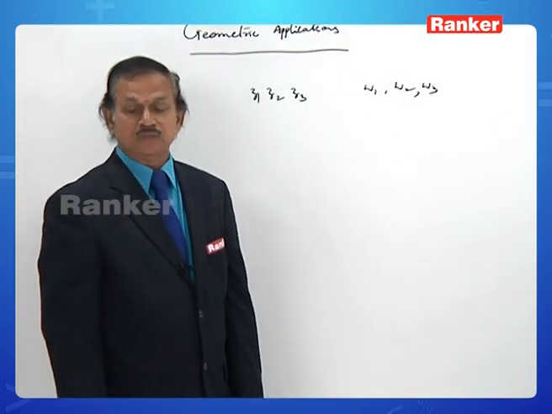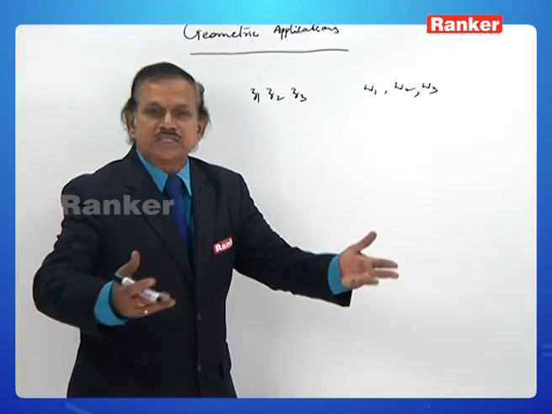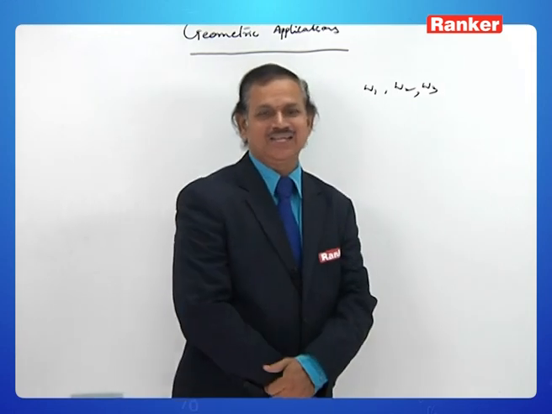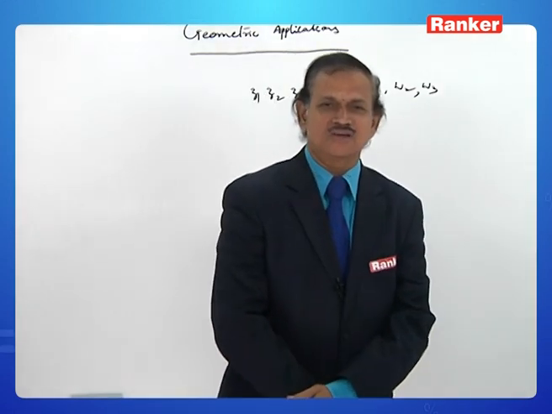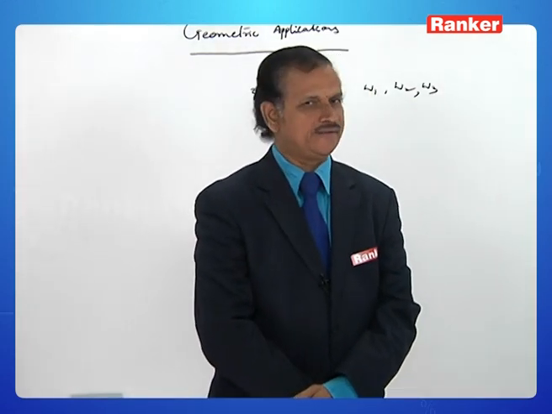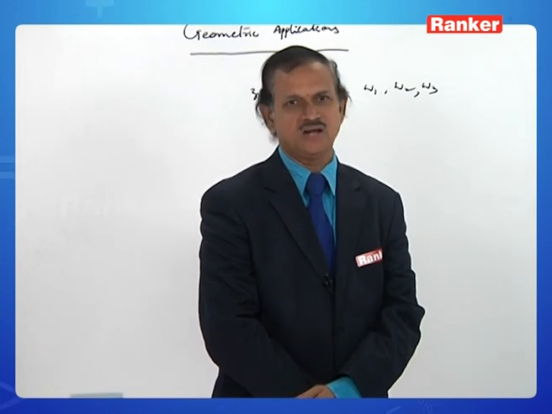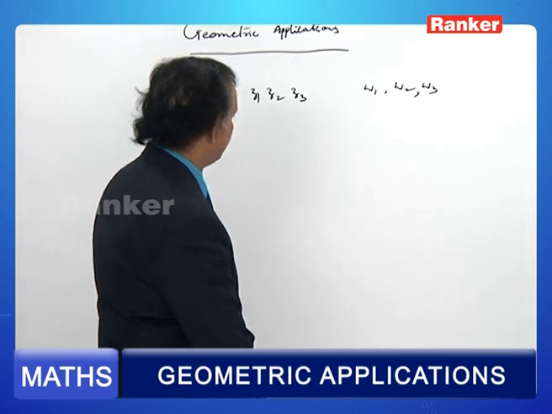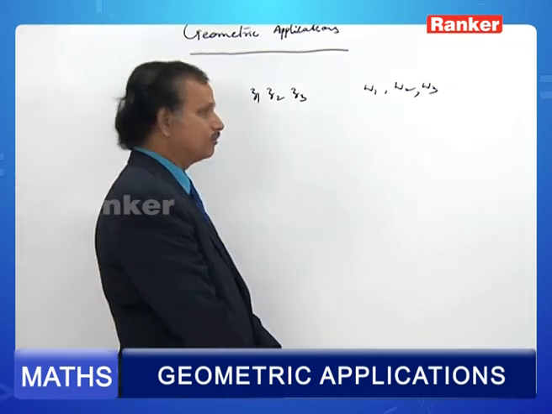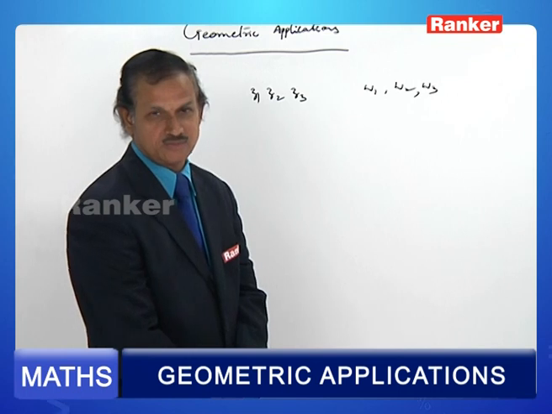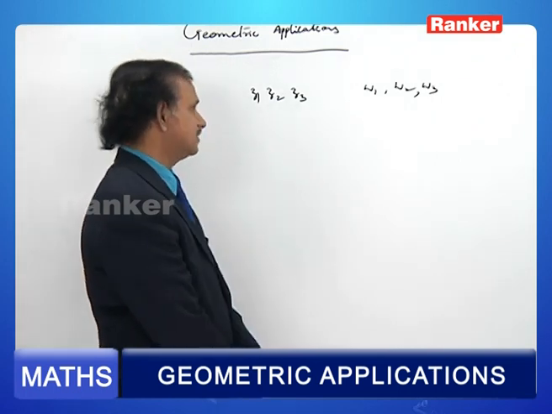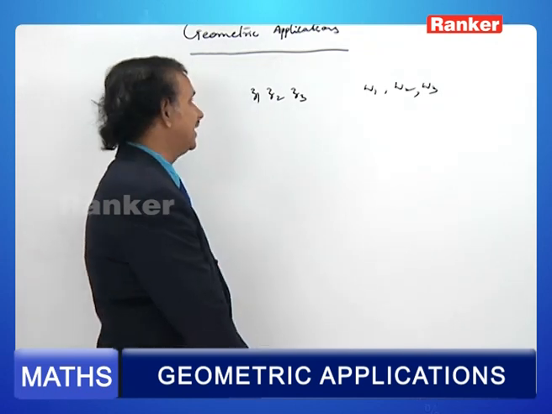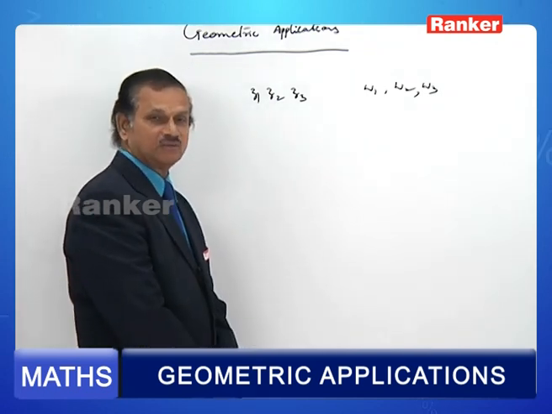If these two triangles are similar, corresponding angles will be equal and the corresponding sides will be proportional. That is, mod (Z1 minus Z2) by mod (W1 minus W2) is equal to mod (Z2 minus Z3) by mod (W2 minus W3) is equal to mod (Z1 minus Z3) by mod (W1 minus W3). They are proportional, and corresponding angles will also be equal.